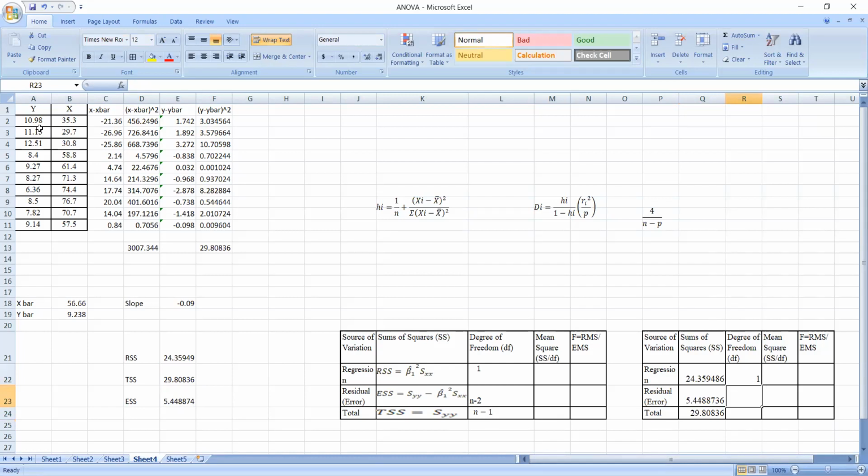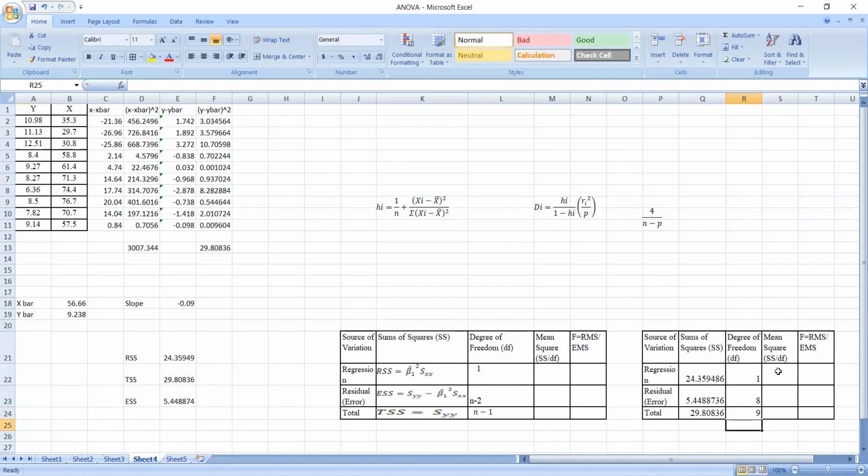In our data set we have 10 observations, so n is equal to 10, and 10 minus 2 is the degrees of freedom here. For the total, it is n minus 1, that is 10 minus 1, or simply the total of these two degrees of freedom, that is 9.